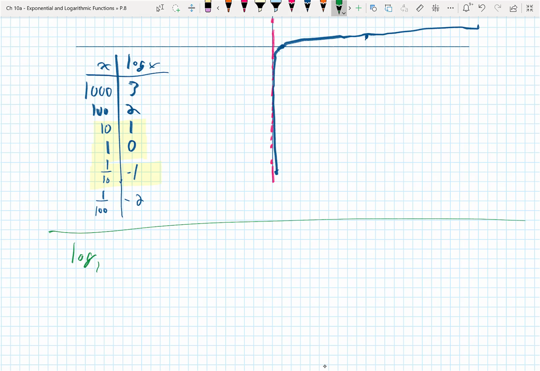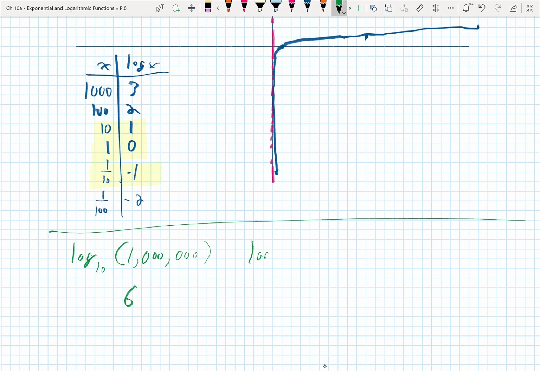What's the log base 10 of 1 million? It is 6. Why? There are 6 zeros. 10 to the 6th is a million. The log base 10 of a million is 6. Think about it as its scale of number is a 6th. It's a 10 to the 6th power.